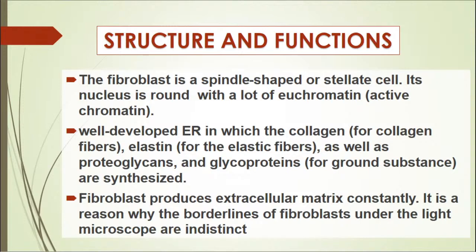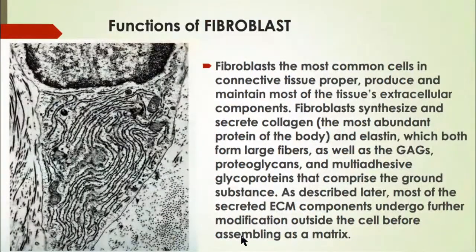Fibroblasts produce the extracellular matrix constantly. That is the reason why the borderlines of fibroblasts under the light microscope are indistinct. Look at this one, we can see the line is indistinct because they produce a lot of fibers.